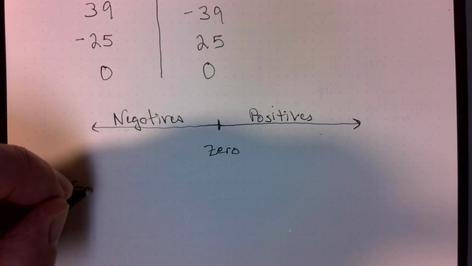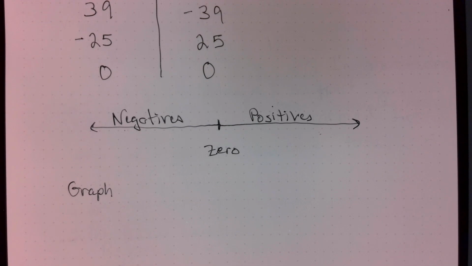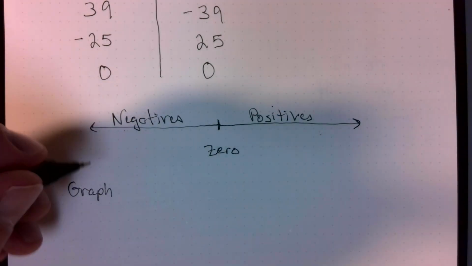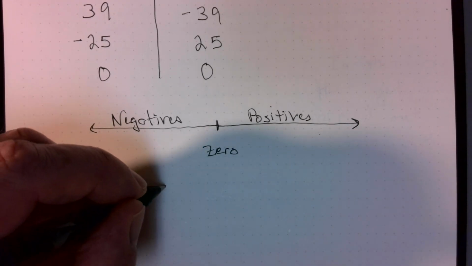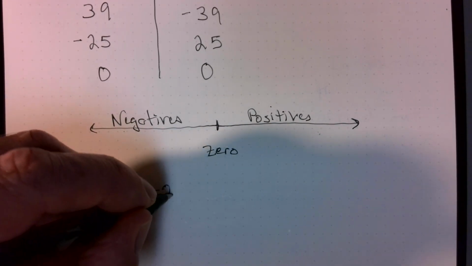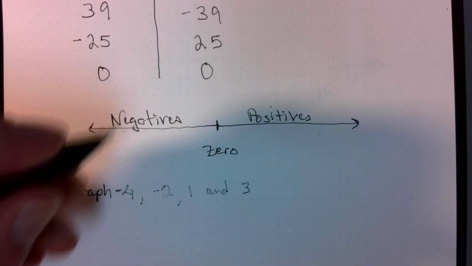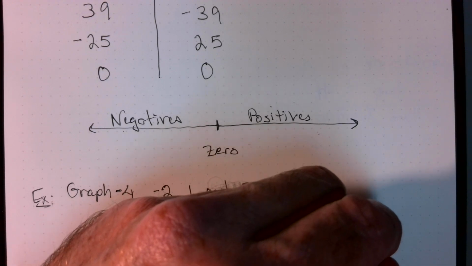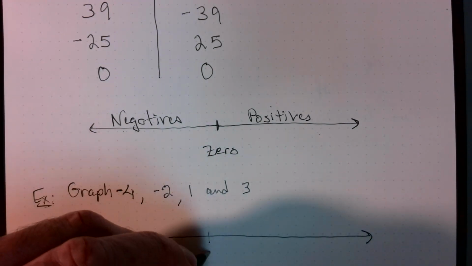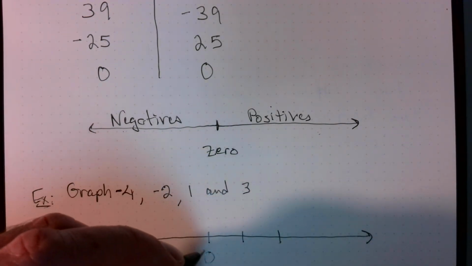Let's do this example. Let's graph some points on a number line: 4, negative 4, negative 2, 1, and 3. I'll start with my number line there. I will designate a point 0 and make tick marks.